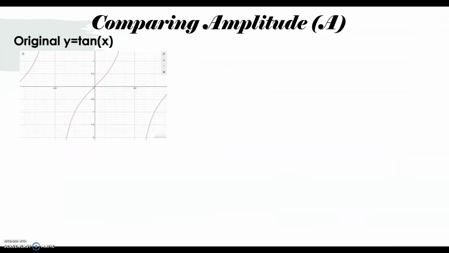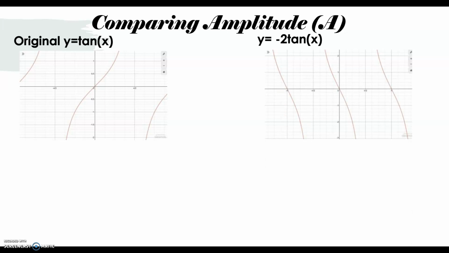I don't want to get into the transformations a lot, but I'll be showing you guys what transformations help change the graph. Here I'll be comparing the amplitude. A negative amplitude will make the graph reflect over the y-axis, as you can see from comparing the original and the negative amplitude.